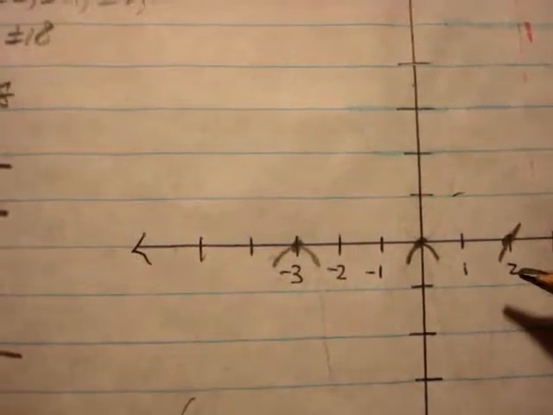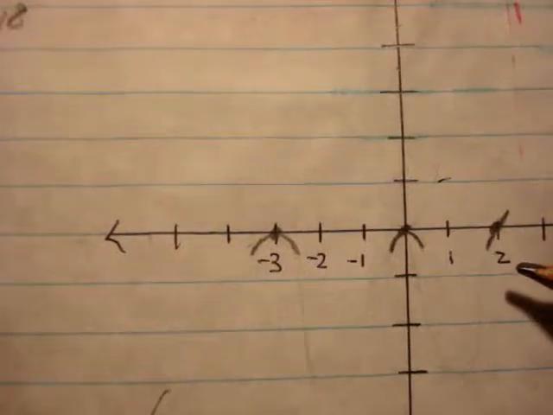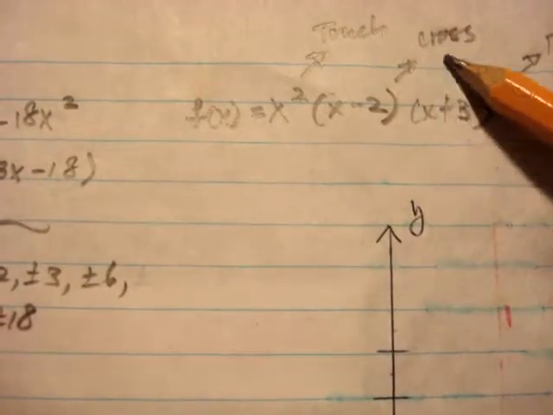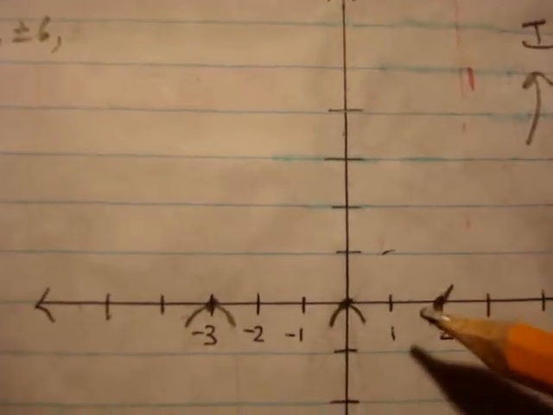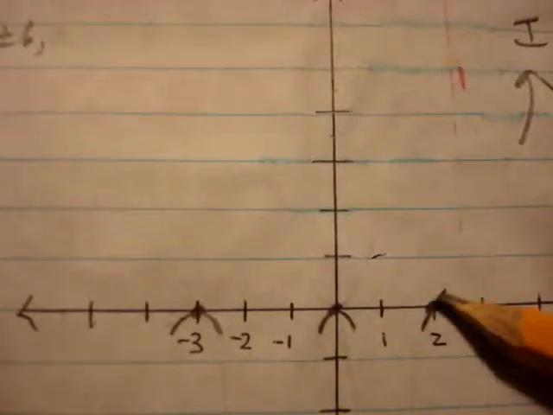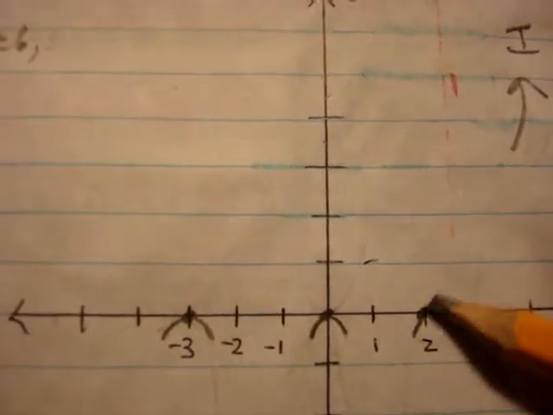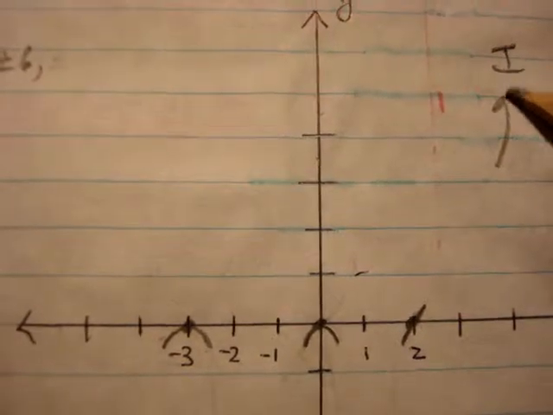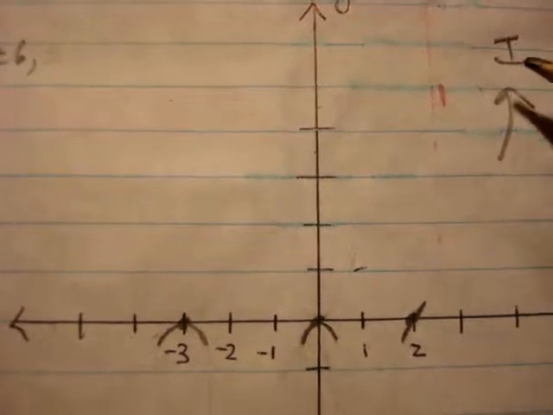As for the zero of 2, it crosses at 2, right? Because it's raised to an odd power. So you will need to do like this. You will cross the point like this to match with the end behavior of the first quadrant.